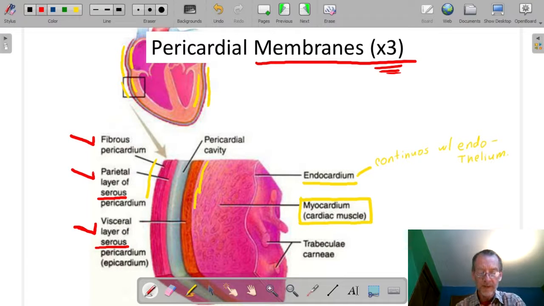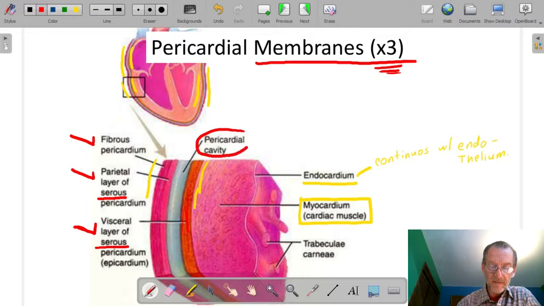So in order, attached to the outer surface of the heart here is the visceral layer of the serous pericardium. This is the pericardial cavity between the two membranes, and it's filled with pericardial fluid. Not a lot of fluid, maybe a couple of mils total. And then we have the parietal layer and then the fibrous pericardium.